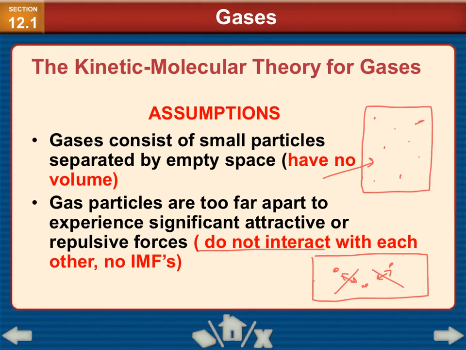So the assumption is that gas particles have no interaction whatsoever in this KMT theory. We'll see later that some gases are more in line with that assumption and others are not.